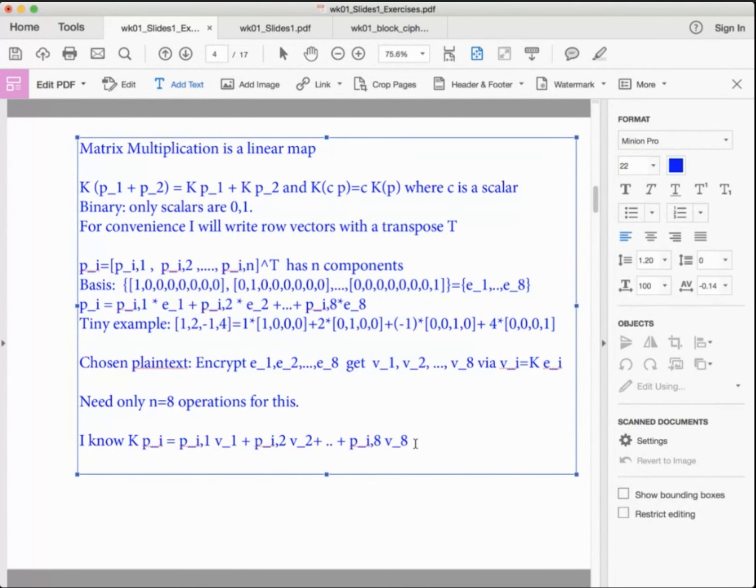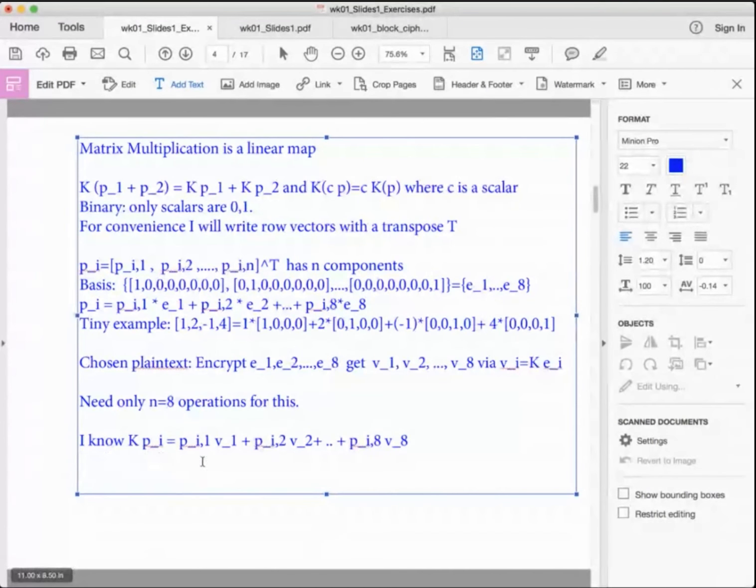As soon as I know what it is for the EIs, I can calculate what it is for an arbitrary P, because I can decompose the P in terms of the coordinates into this sum and apply K to this sum.